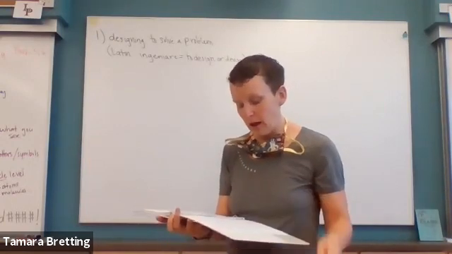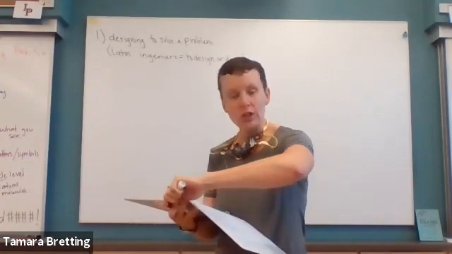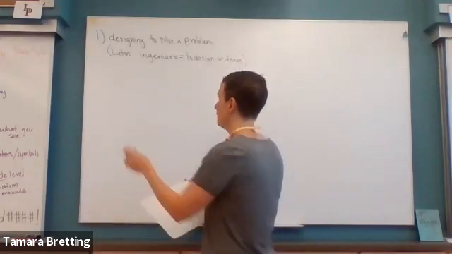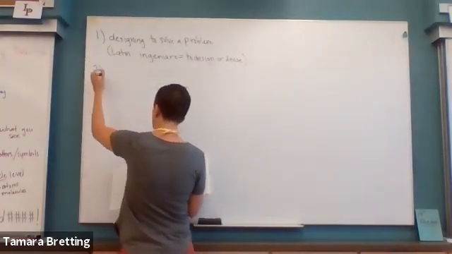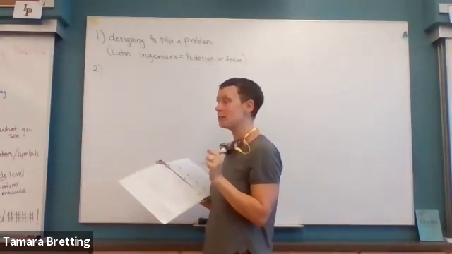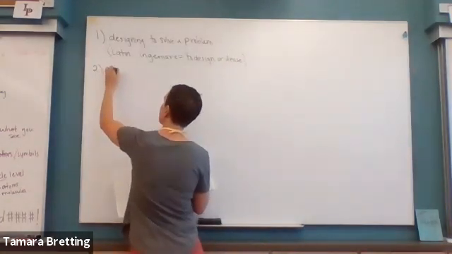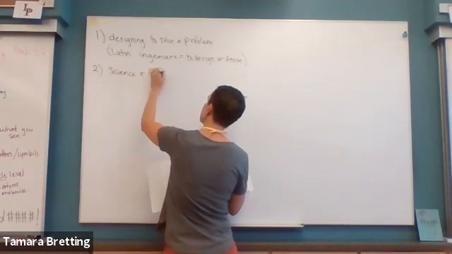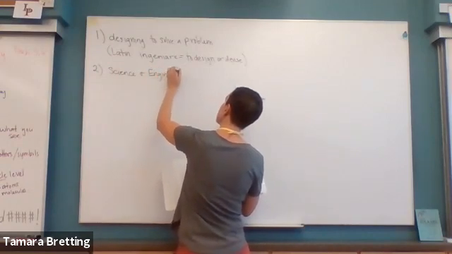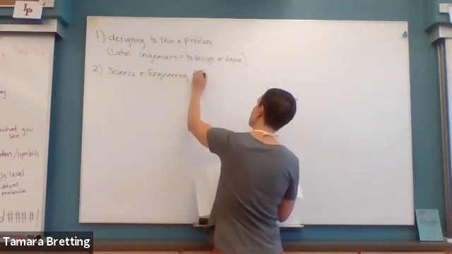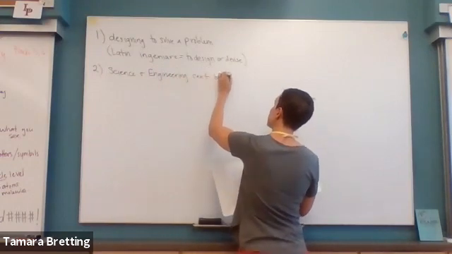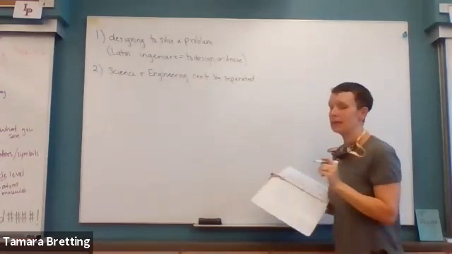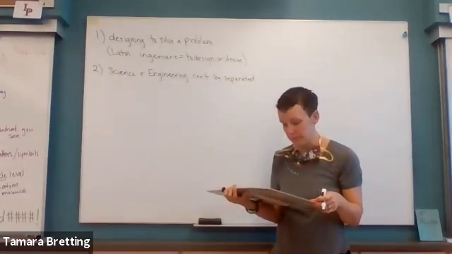Okay. All right, so 2, why are we learning about engineering in a science class? That's the next question, okay? And I kind of already answered that. Science and engineering can't be separated.